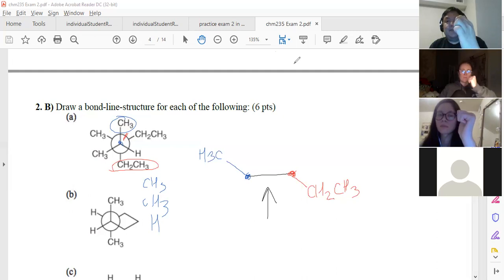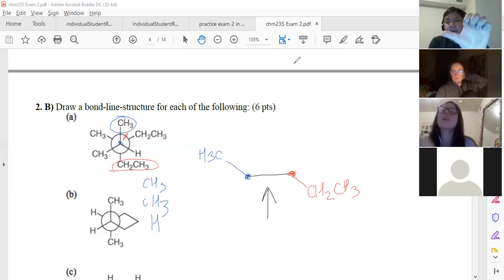Which way should my hydrogen be pointing, out on a wedge or in on a dash? Dash. Is dash going in or out of the page? In. So it should be on a wedge. Wedge is out. So if you take your hand and you rotate it, your thumb is pointing at you. It's on a wedge. Does that make sense?